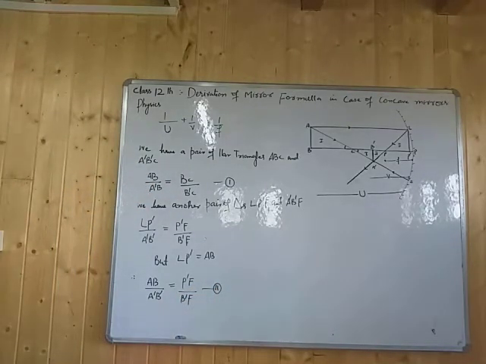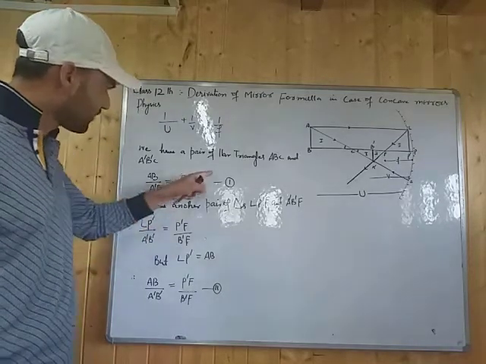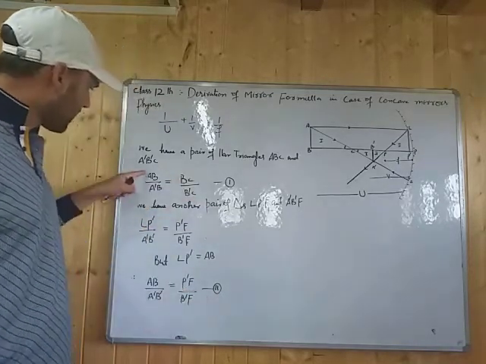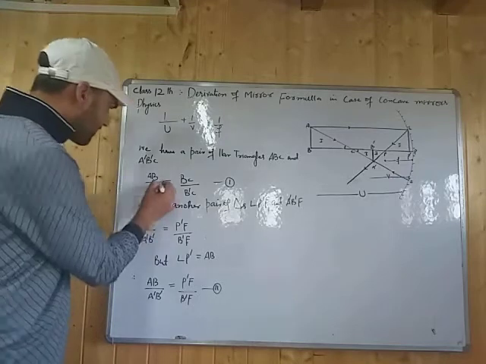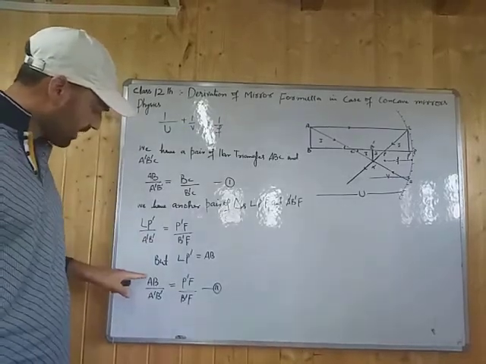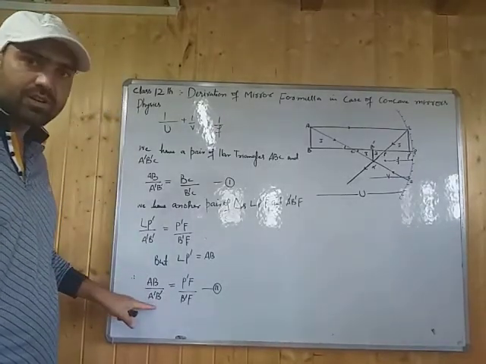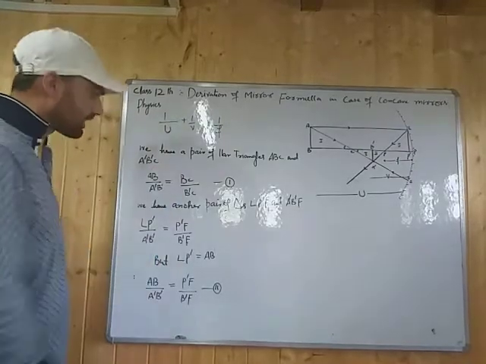If we compare equation first and equation second, here we have AB divided by A dash B dash, and here we also have AB divided by A dash B dash. So these will cancel each other.